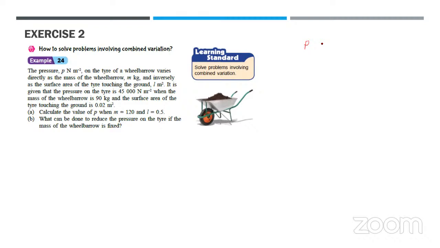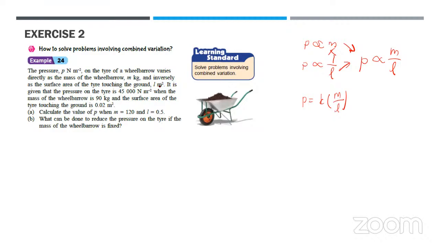And P varies inversely as the surface area of the tire touching the ground, L. So P varies inversely with L. When we combine these two, P is related to m over L. You're basically multiplying these two together. Now we want to turn this into an equation. So we get P is equal to K multiplied by m over L.